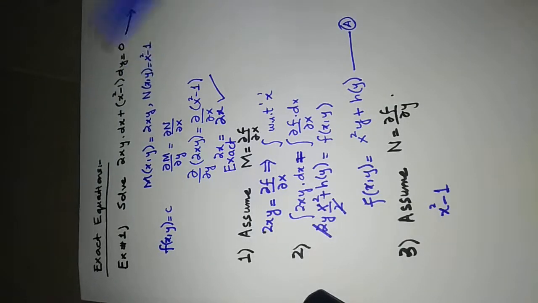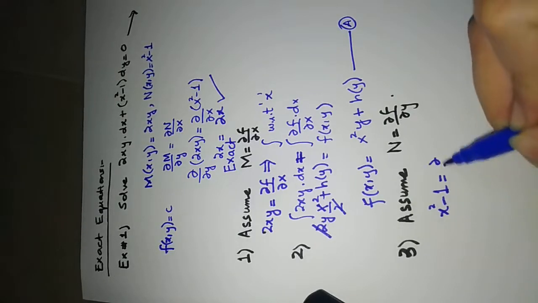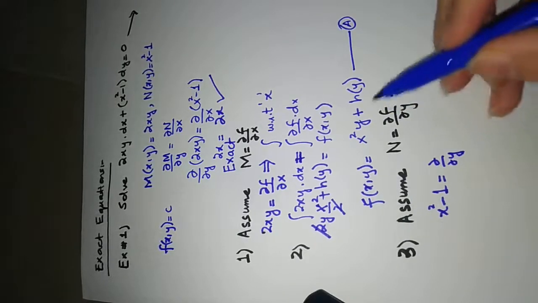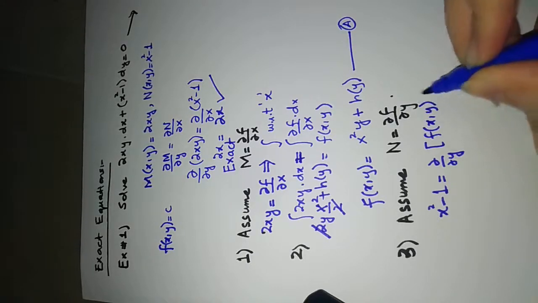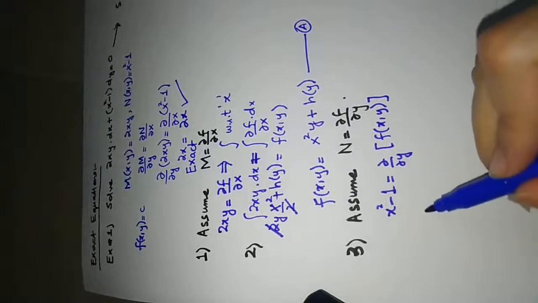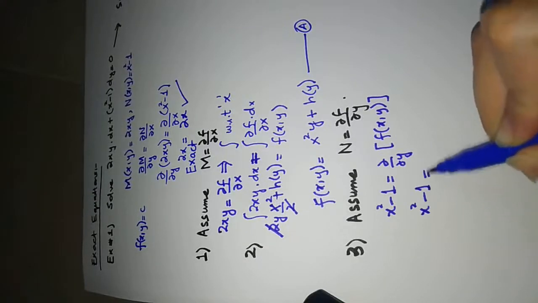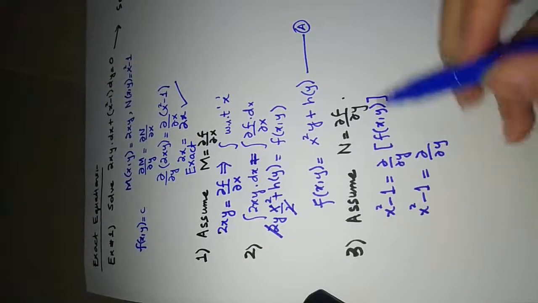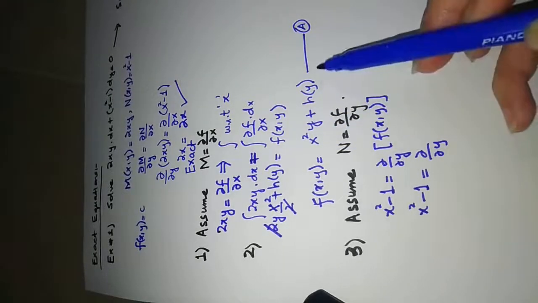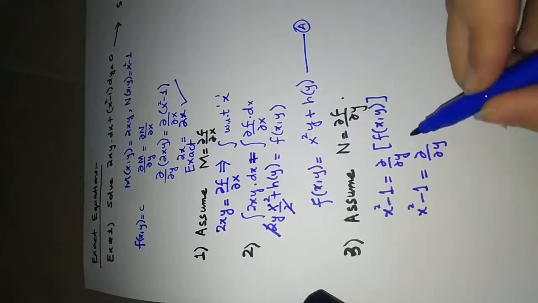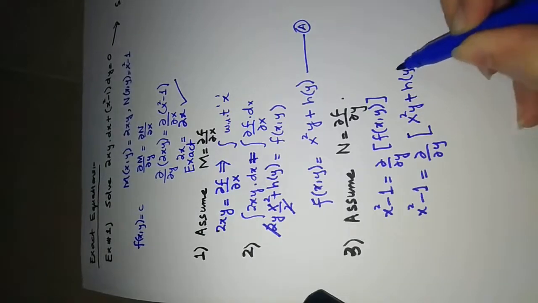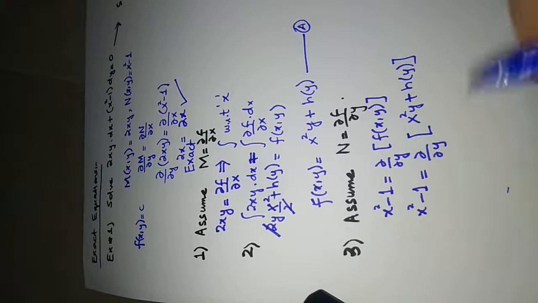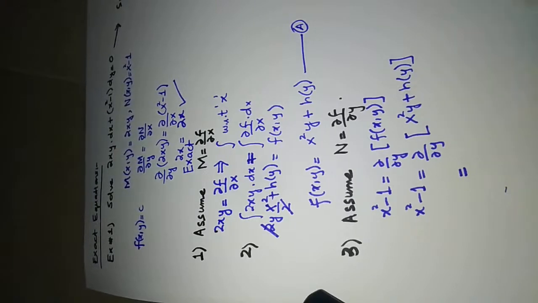So x² minus 1 equals partial by partial y of f(x,y), and on the right-hand side we write x²y plus h(y), differentiated partially with respect to y.